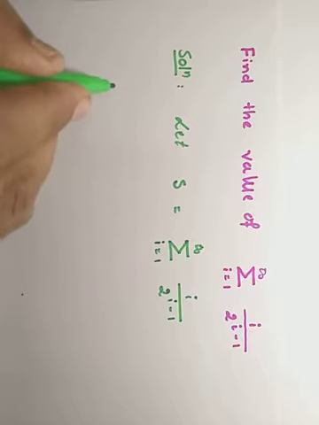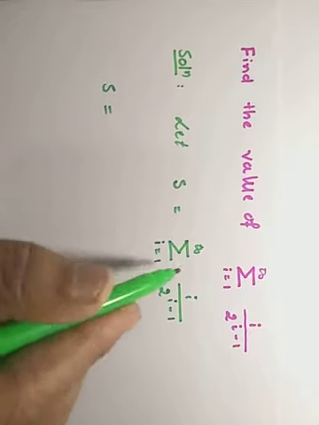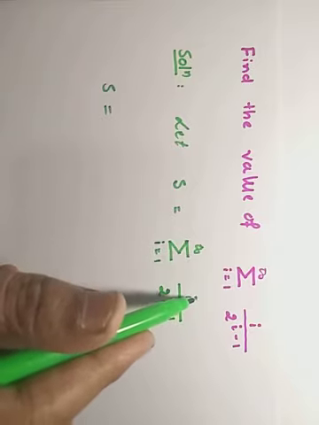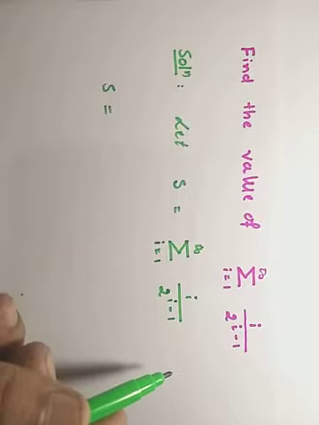Now, I'll elaborate it. Since i goes from 1 to infinity, I can assume the values 1, 2, 3, 4, 5 and so on.